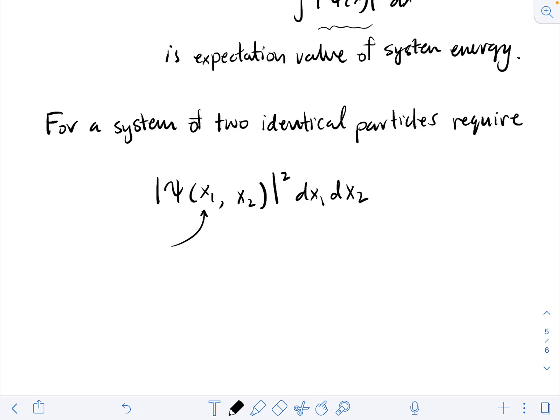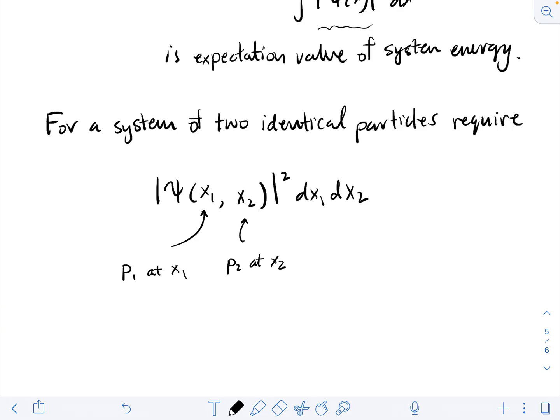So the first position inside the brackets is going to represent particle 1. And so this is particle 1 at a position x1, and this is particle 2 at a position x2.